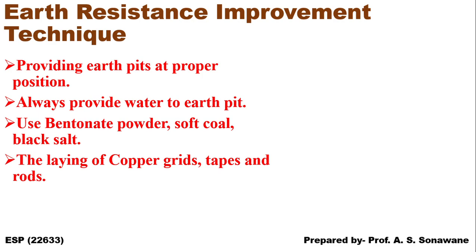So by using these materials, specified resistance may be achieved. But due to seasonal fluctuations in soil moisture, the resistance level may vary. That is, in a dry period, it is possible for the earth resistance to rise above a certain limit. This variation in earth resistance can affect the integrity of the entire lightning protection system.